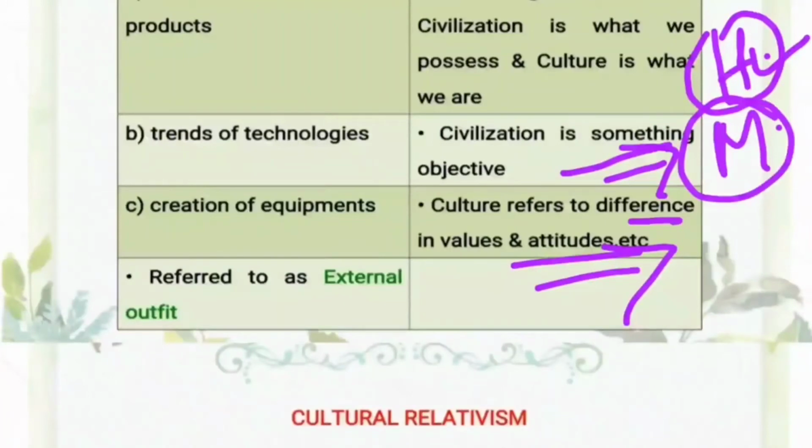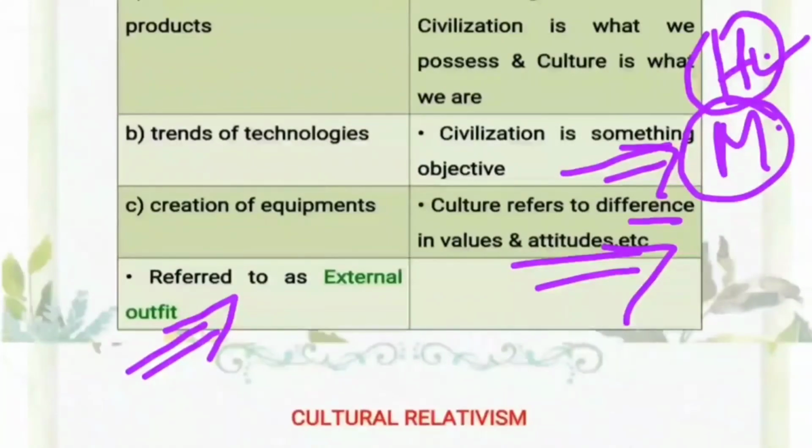And this meaning of civilization is simply referred to as the external outfit also. You can say it's a sort of cover of technological trends around which people of different cultures organize their lifestyle. So this is that external outfit around which we organize our lifestyles.